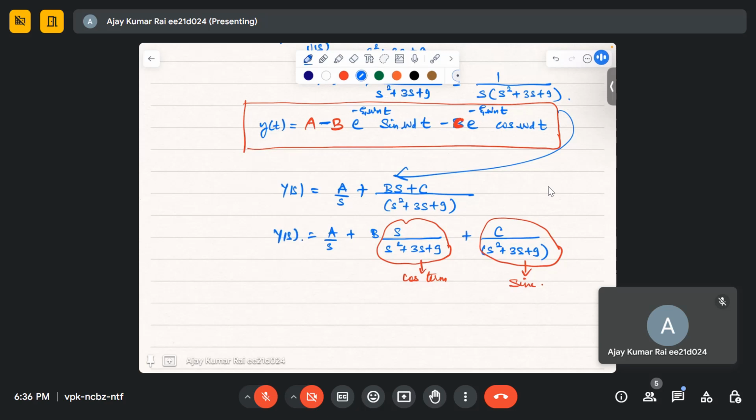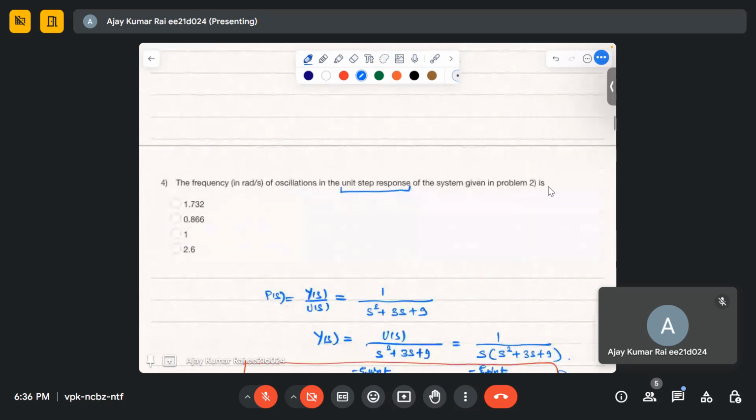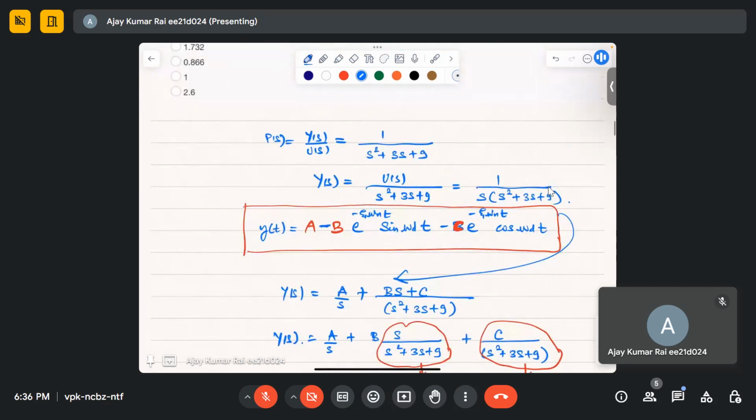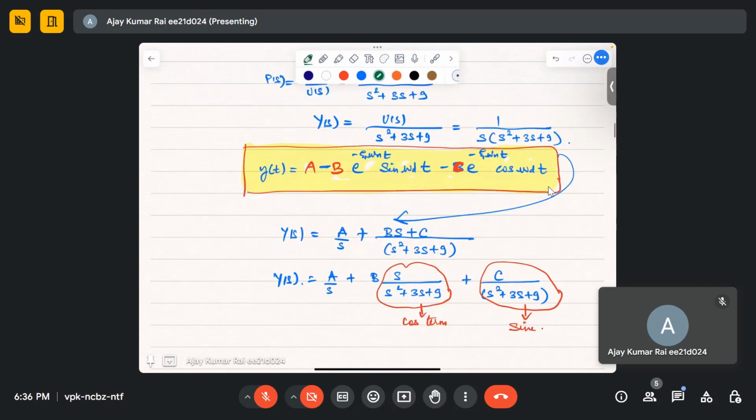But what we are interested in, again in this question, is the frequency of oscillation. If you see these two terms, oscillations are coming because of the sine and cos terms.